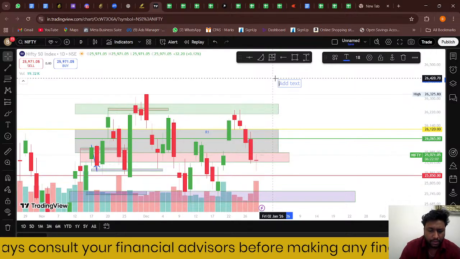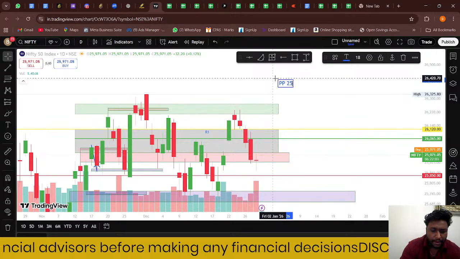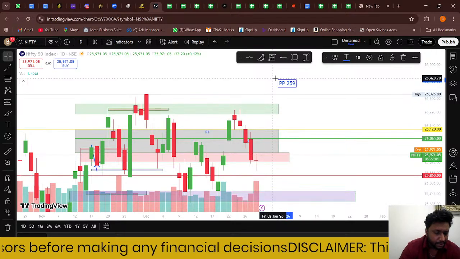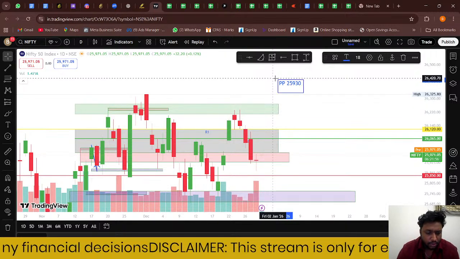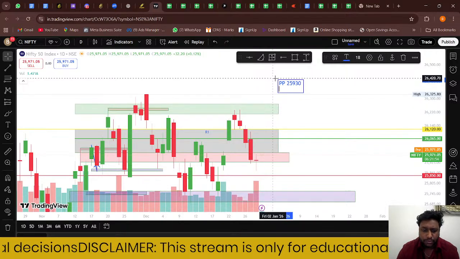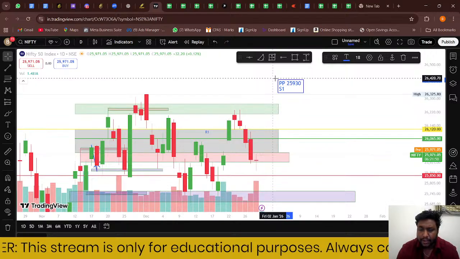Pivot point for today is 25,930. We will only mark up to 30. With respect to the pivot point of Nifty, today's support one lies at 25,885.